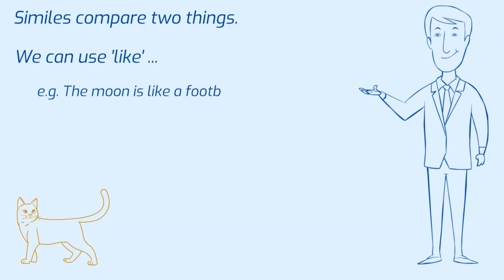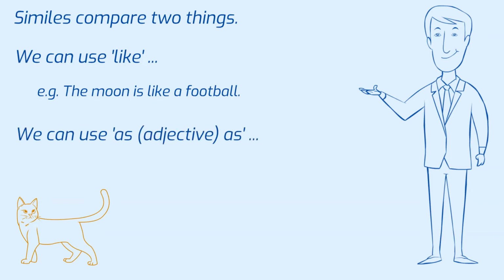The moon is like a football. Here, we're comparing moon with football. For the second form, we use as adjective as. The moon is as round as a football. Again, we're comparing moon with football, but here with the extra detail of roundness.